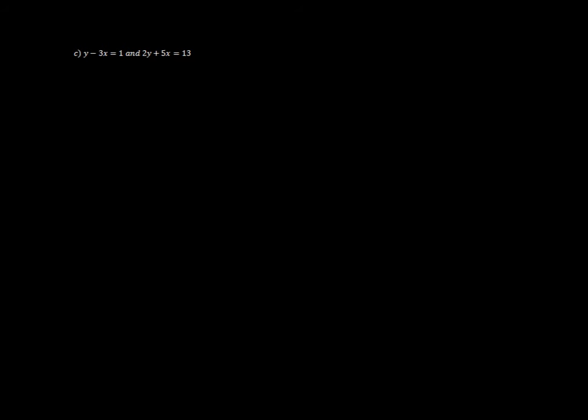Looking at the final example, I'm going to rewrite it out again. Equals 1, call that equation 1. Equation 2. Once again, we don't have any x values the same or y values the same.